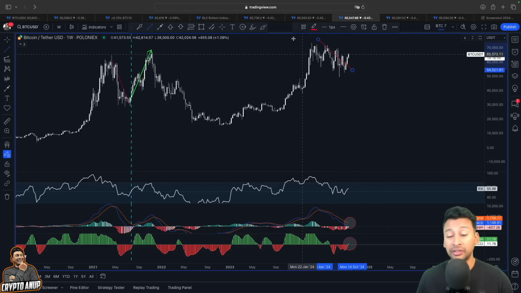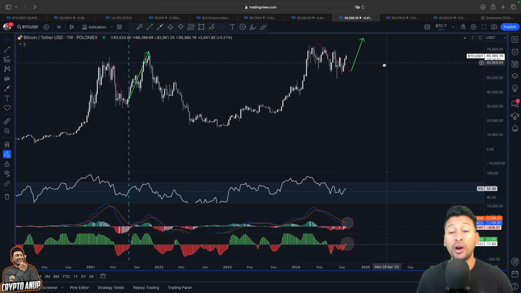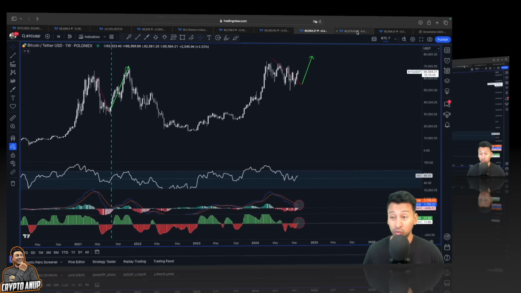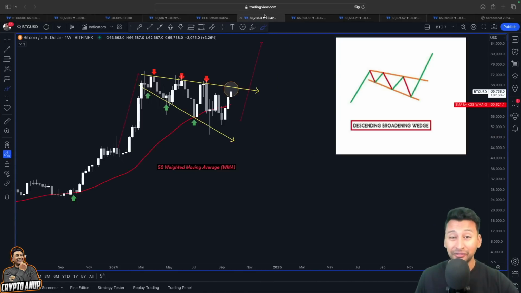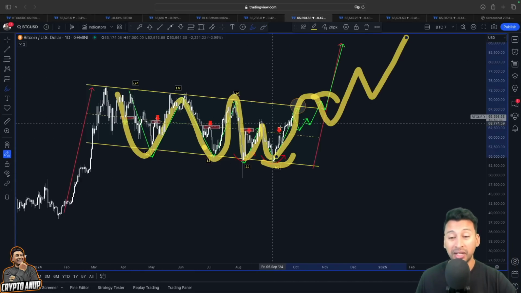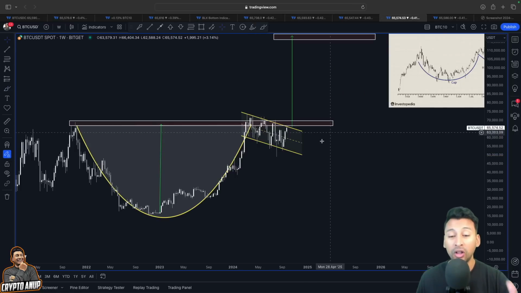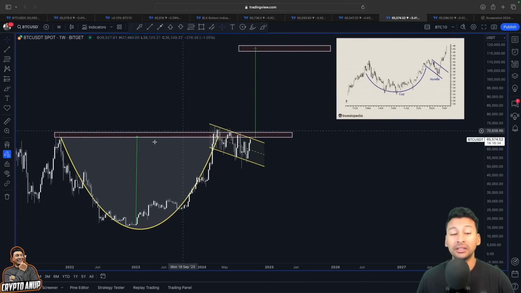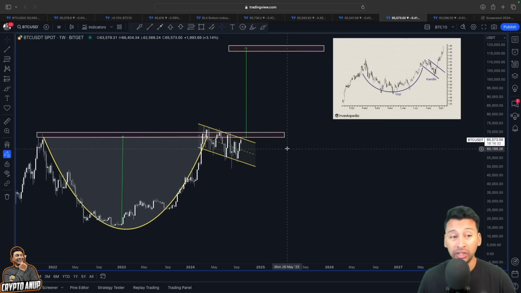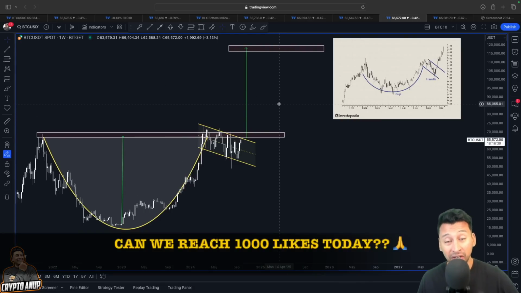Price of Bitcoin after this bearish move now could be preparing itself for another continuation to form a new all-time high, because we know parallelly after breaking out of this key trend line resistance, we could be also breaking out from this handle, the cup and handle formation, a bullish continuation pattern which is being flashed in a weekly time frame.